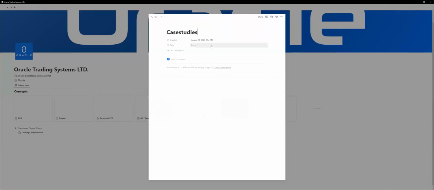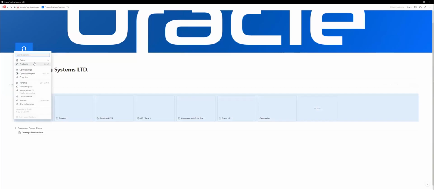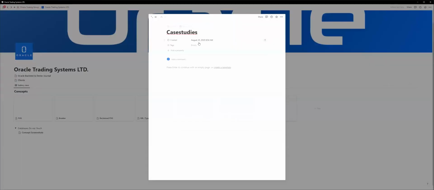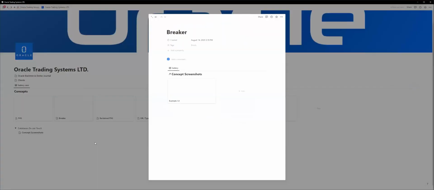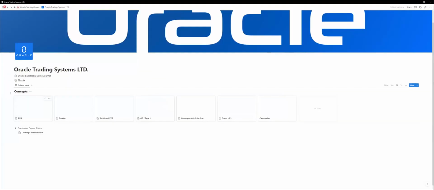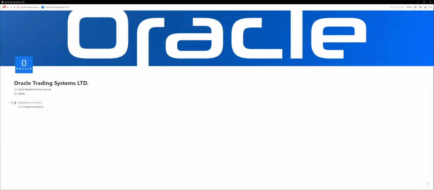Actually, I think this is a stupid way to do it now that I think of it. I should just delete this. Why? Because we can just do case studies and give them tags that would sort them, instead of having all of these separate ones for screenshots. Yeah, that's true. So here, I'll show you how this is done.